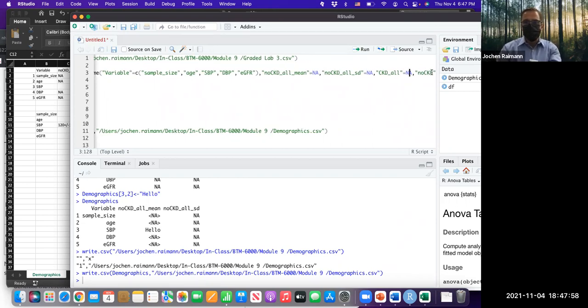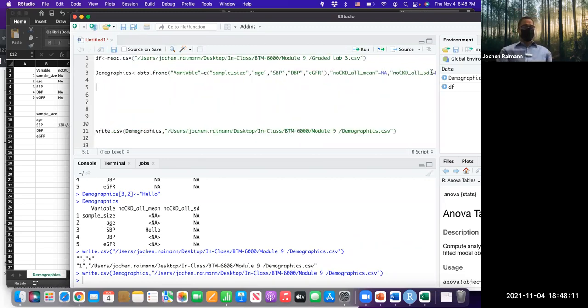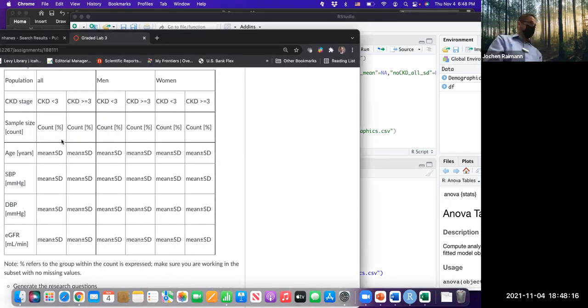But you see how this goes, right? Mean, CKD or, ST. And so you continue until you have the whole row populated in exactly that format.